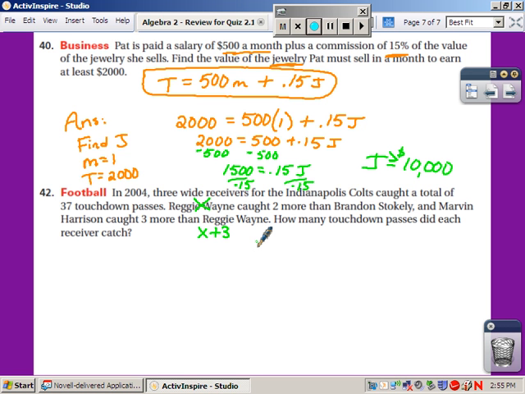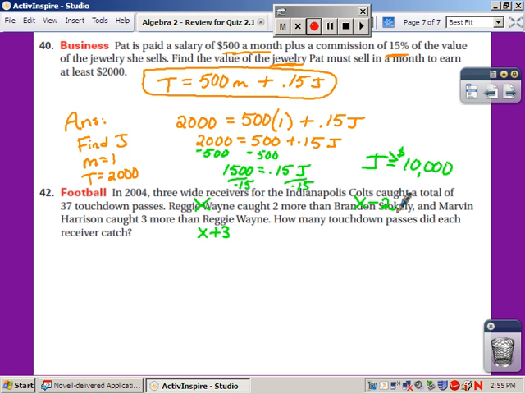What about Brandon Stokely? It says Reggie Wayne caught 2 more than Brandon Stokely. So if Reggie Wayne is X and he's 2 more than Brandon Stokely, what that means is Brandon Stokely is like taking Reggie Wayne and just saying, well, 2 less. Brandon Stokely caught 2 less than Reggie Wayne. So if Reggie Wayne is X, Brandon Stokely must be X minus 2.